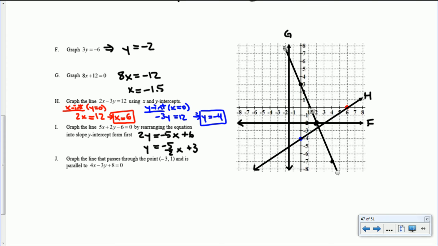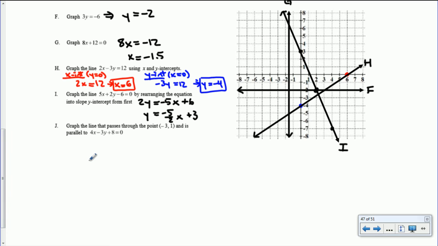Okay. Right. So this would be I. And we've got one last one on this page. Graph a line that passes through negative 3, 1 and is parallel to 4x minus 3y plus 8.